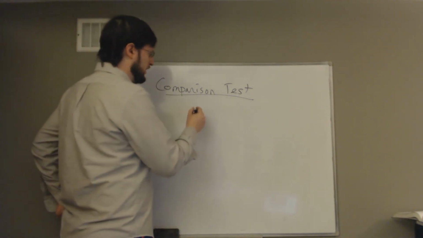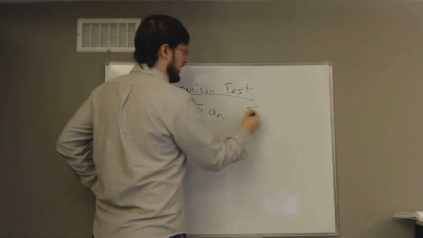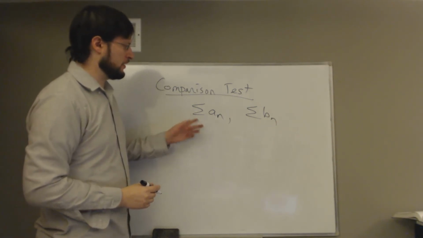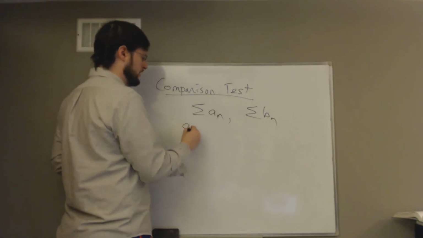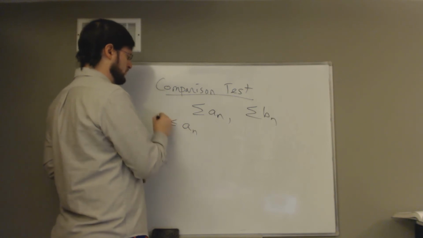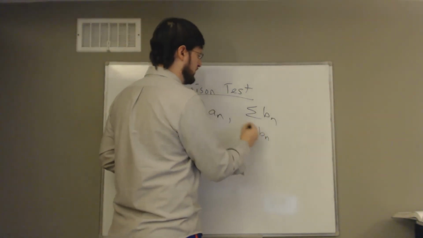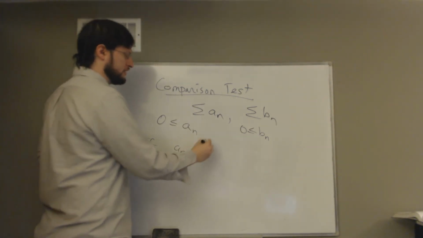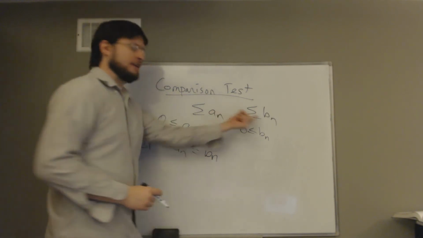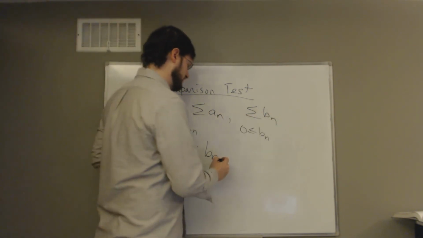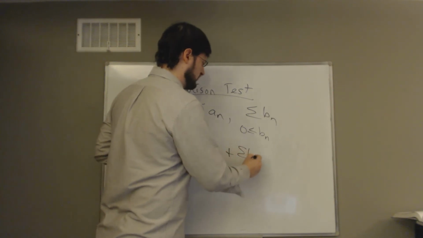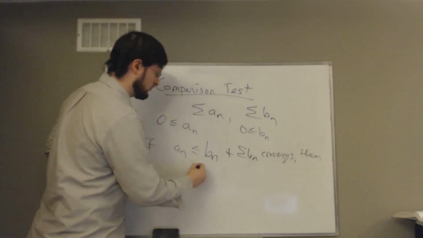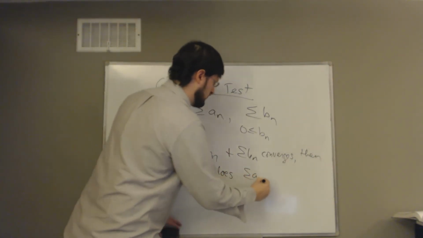It says that if I have two series, the sum of an and the sum of bn, and both are positive, so an is bigger than 0 and bn is bigger than 0, and also each term an is less than or equal to the term bn, then if the sum of bn converges, so does the sum of an.